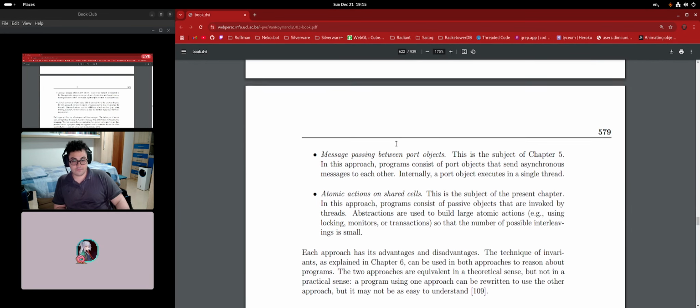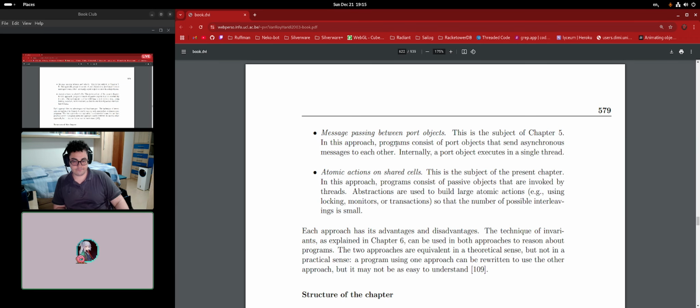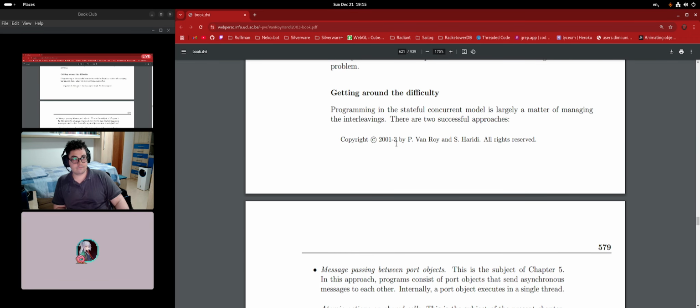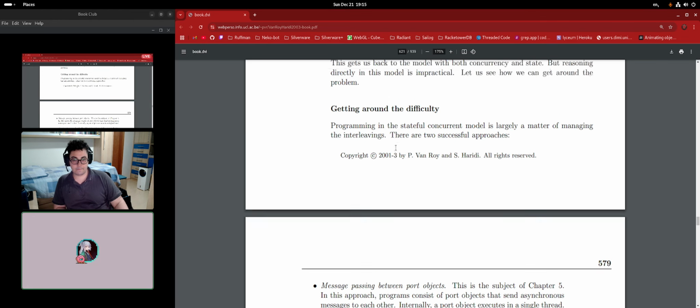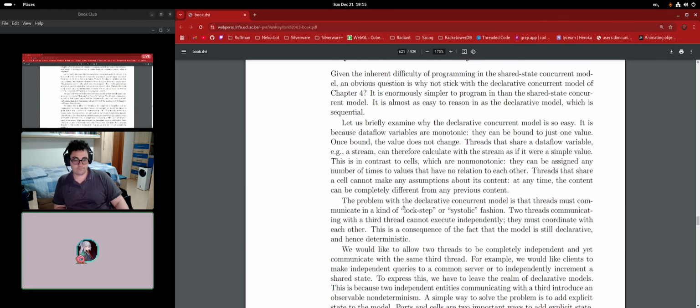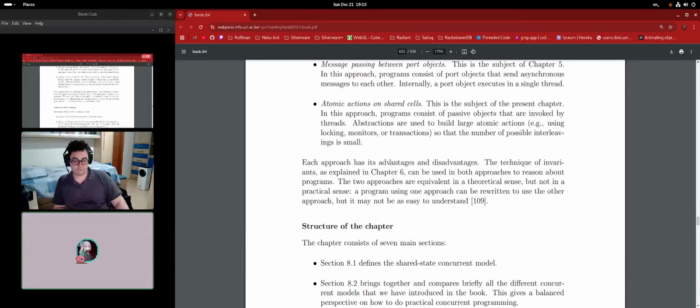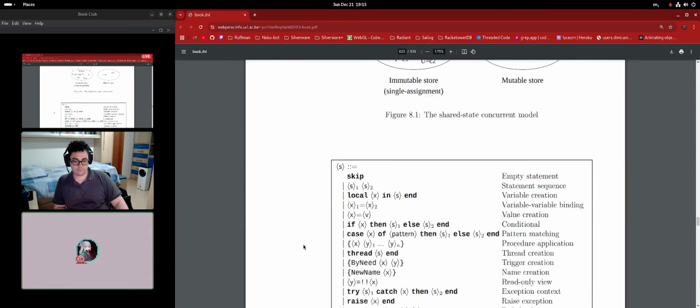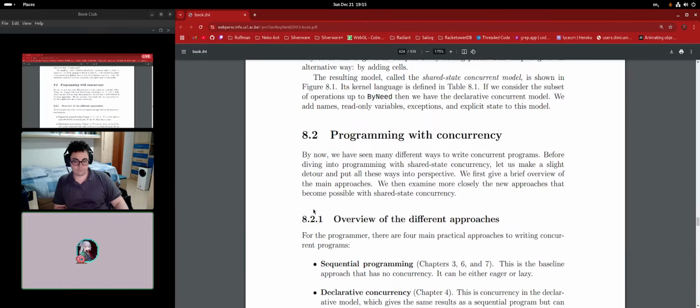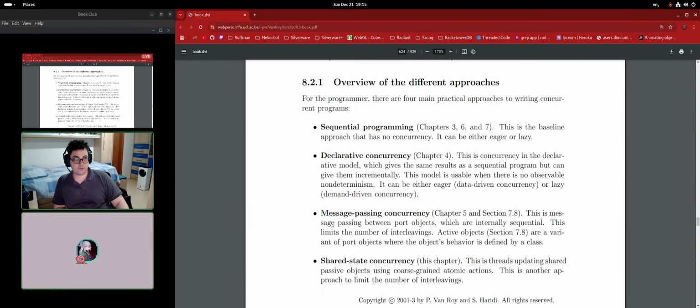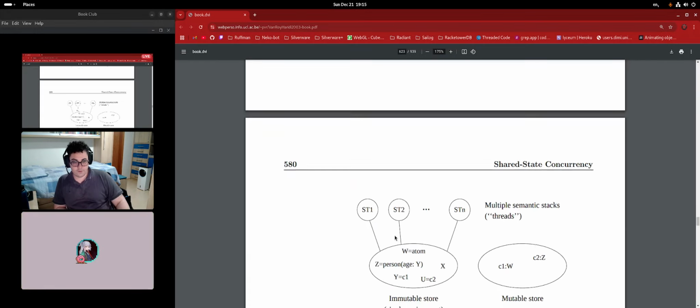Yeah, and the book actually makes a really good point here that if you can get away with just using message passing, that's usually simpler. But there are a few things that the message passing model doesn't fit very well. So shared state is something we're going to talk more about. Pretty good, pretty good.